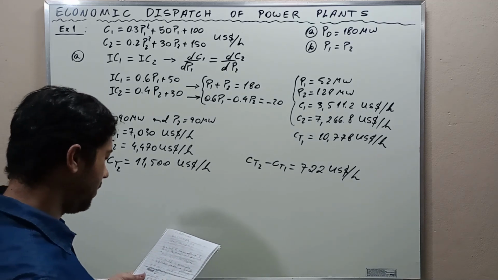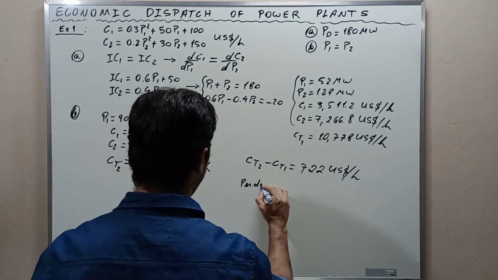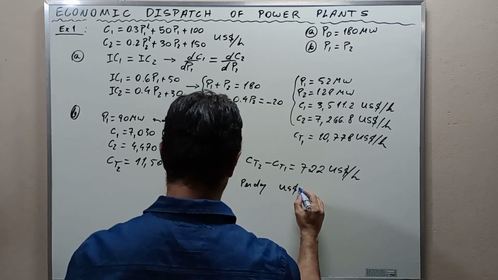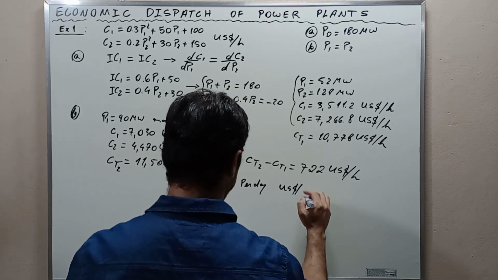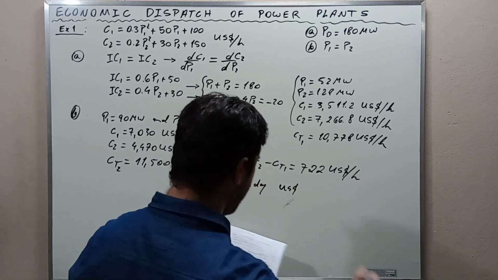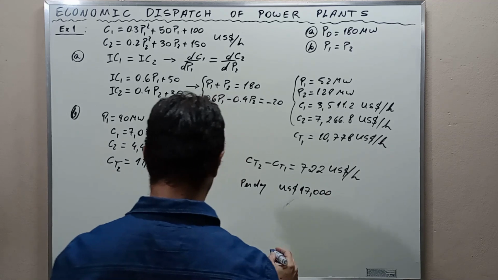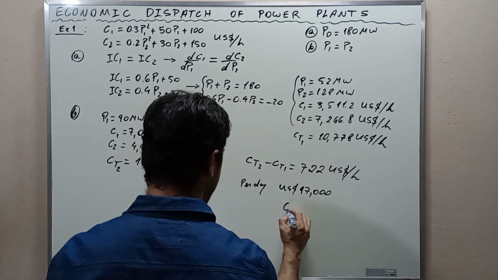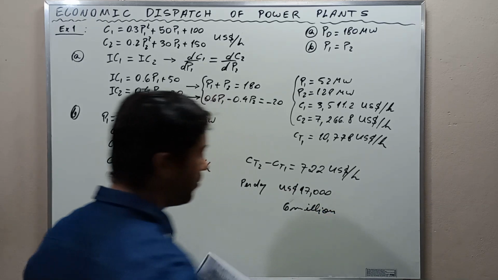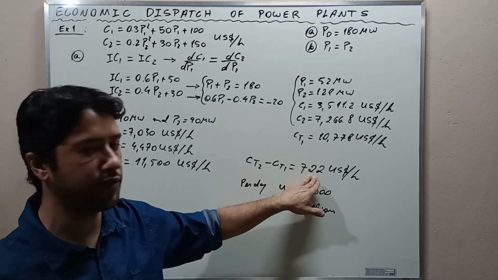Okay, per day will be 17,000, and per year 6 million dollars. Okay, this is the result of the exercise.